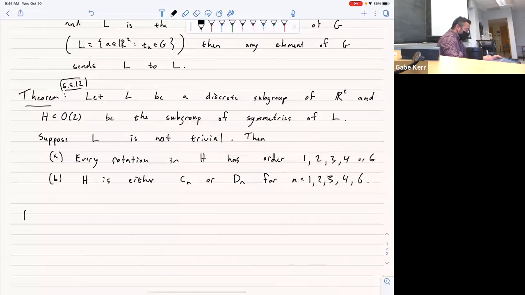The proof is not hard at all. So what you do is this: let's choose a nonzero vector, let's call it alpha, of smallest possible length.